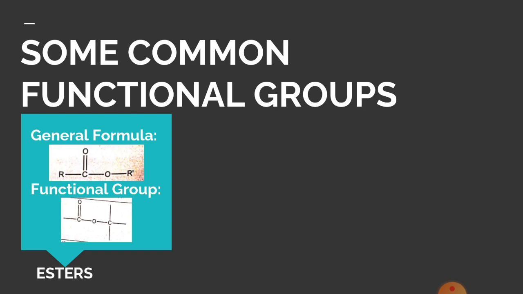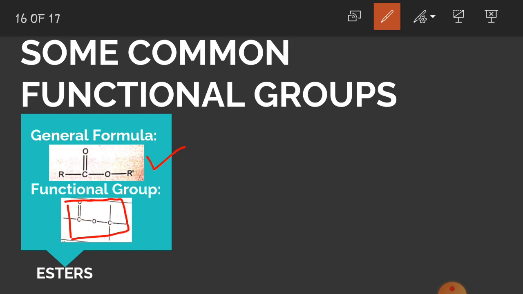Another class of organic compound is that of esters. The general formula for esters is represented like this, and the main functional group that is present in esters is this: the carbonyl group. Carbon is attached to the oxygen atom, and this oxygen atom is attached to an alkyl group at one side, and the carbonyl carbon is also attached to an alkyl group from the other side.